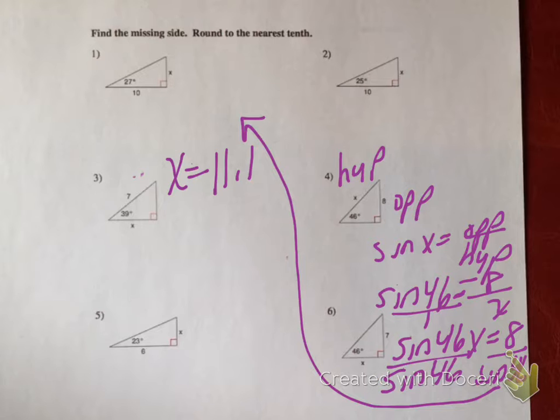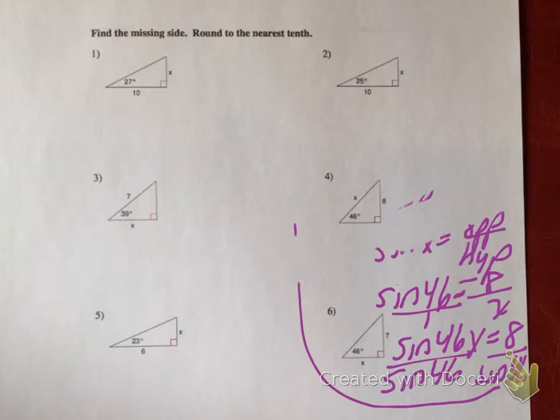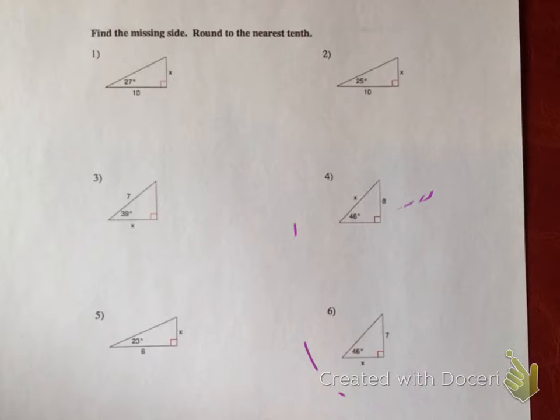Okay, moving on to number 5. Okay, we're going to label. Decide which one you don't need. Set up your ratio.